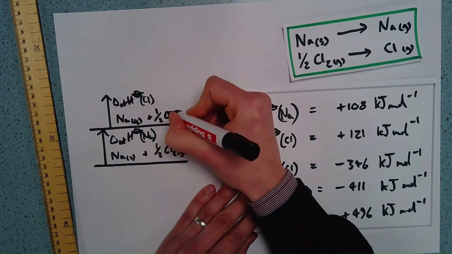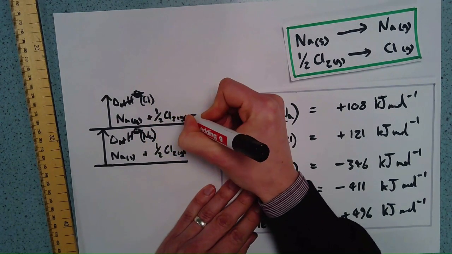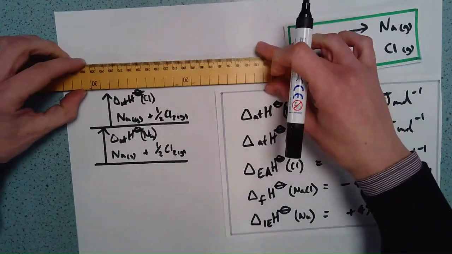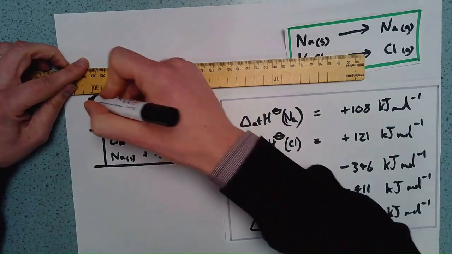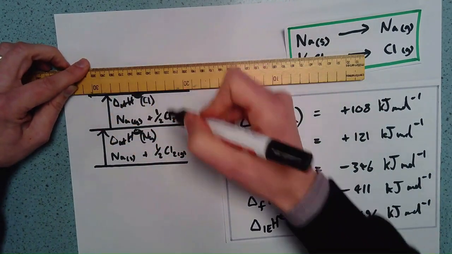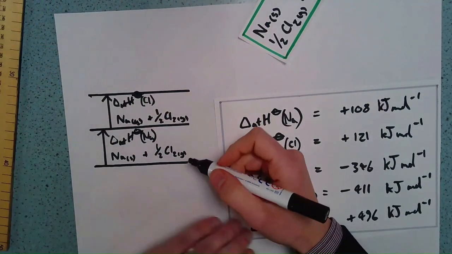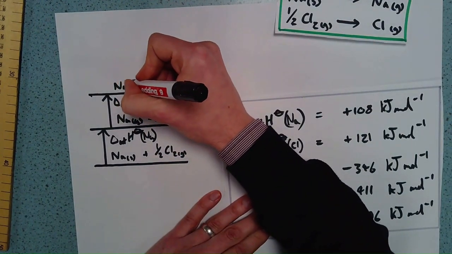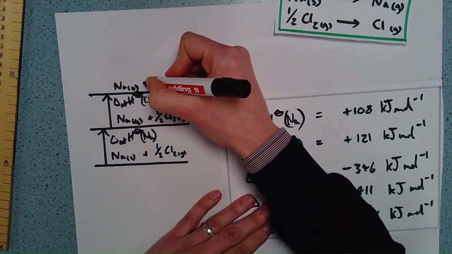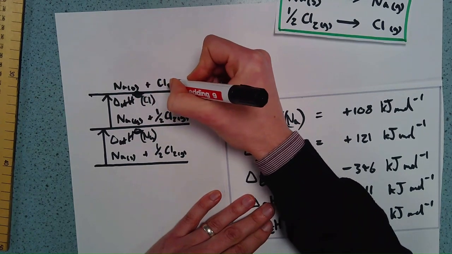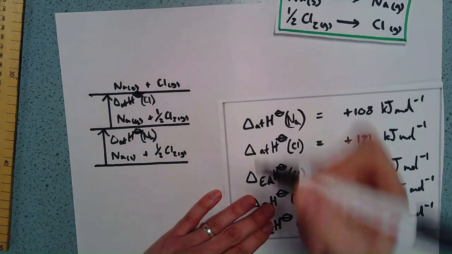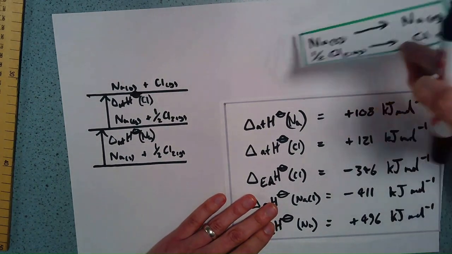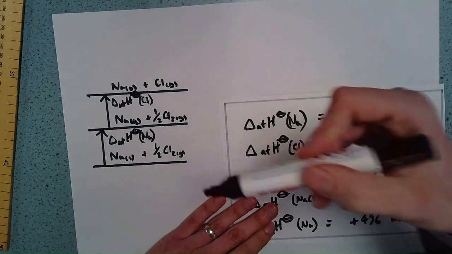We haven't changed the chlorine yet, half Cl2 gas. So we're going to write that on there like that. The next thing we're going to do is go up to this level. And so what we've got now is Na gas, and Cl gas as single atoms. So that's the atomization dealt with.